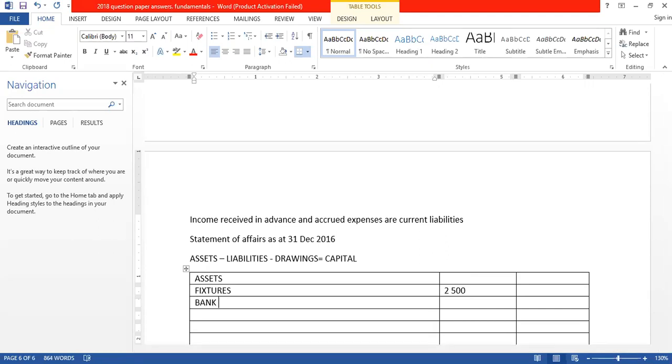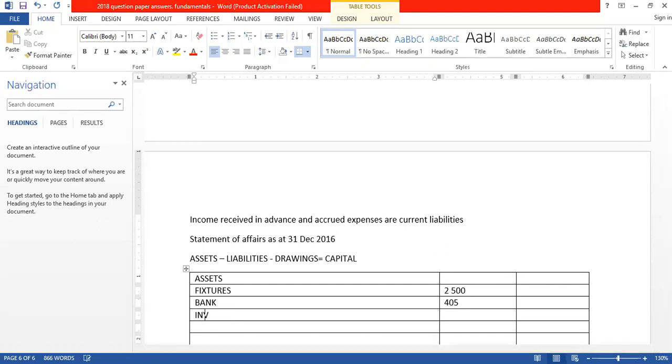The opening balance of bank. If you check in your bank account, we have an opening balance of 405. Remember, we are using our opening balances, so you should always make sure, don't just look at the 2016 information. If you are given a bank account, then you should also look for the opening balance of that bank account, meaning you should use all opening balances. Now in this case, the opening balance was 405.